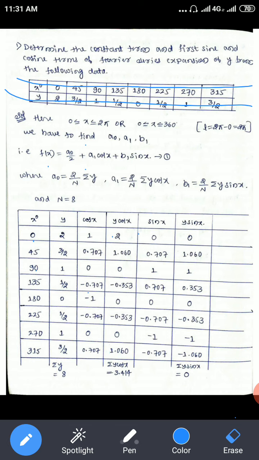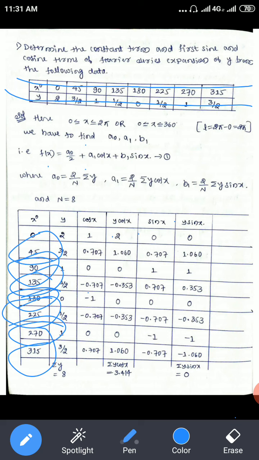Next sin x. X is already there. Sin 0 is 0. Sin 45 degree, sin 90 degree, sin 135, sin 180, sin 225, 270, 315. Everything you write here.